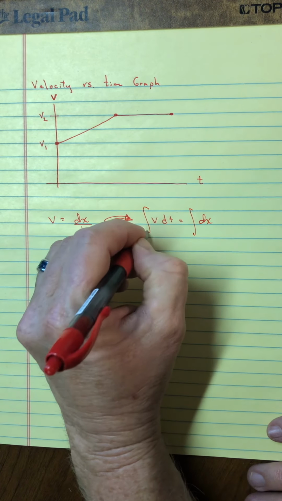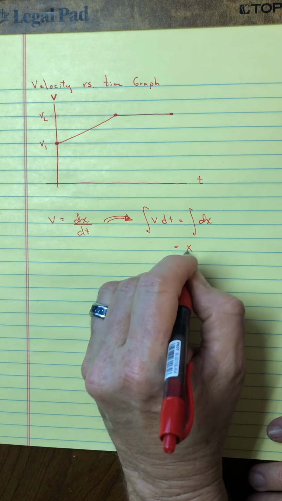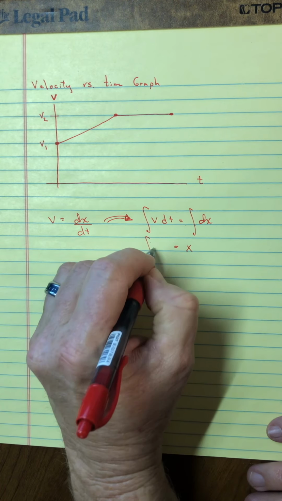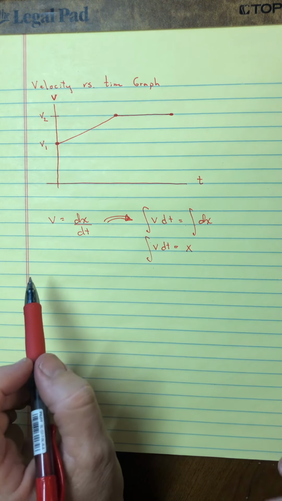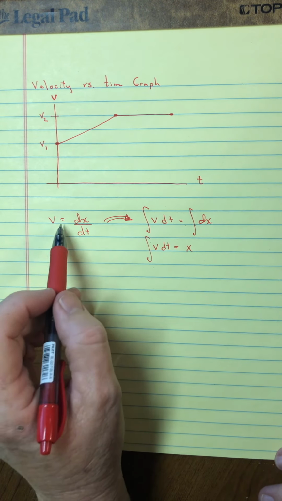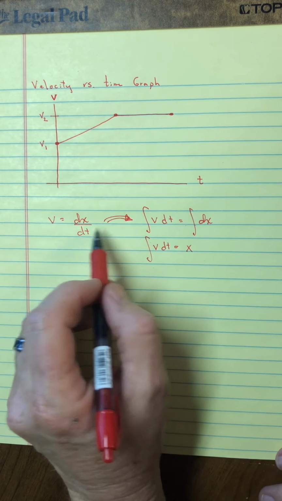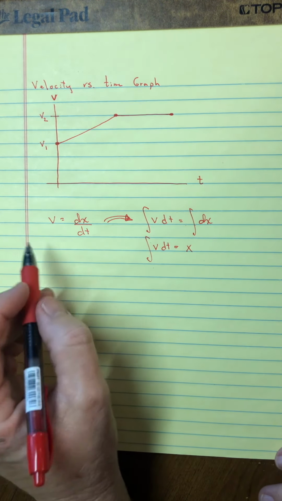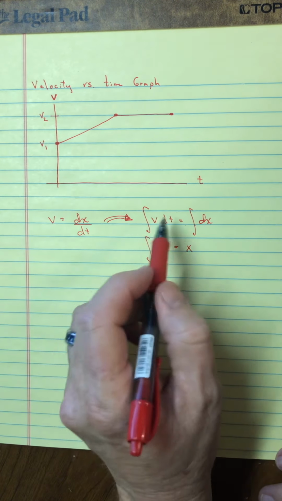Then you would integrate, and when you integrated dx, you would get just x. So velocity is connected to position. If you think of it in its differential form, you get this. If you think of its integral form, you get this.